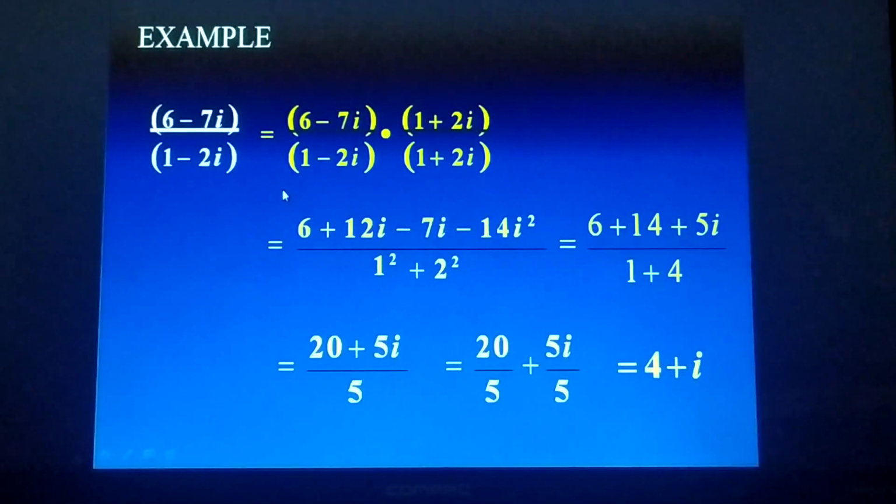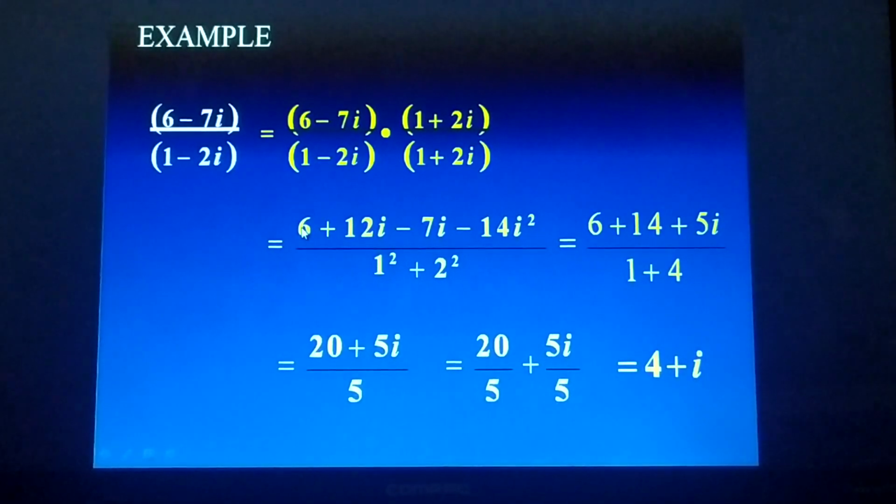In the denominator we have (a − b)(a + b), so it can be written a² − b². a² is 1², plus, we take direct plus here because of i², and i² is −1, so we directly write plus 2 into 2² is 4. So it is 6 + 14, since i² is −1, minus minus plus, 6 + 14. 12i − 7i is 5i upon 1² is 1, 2² is 4.